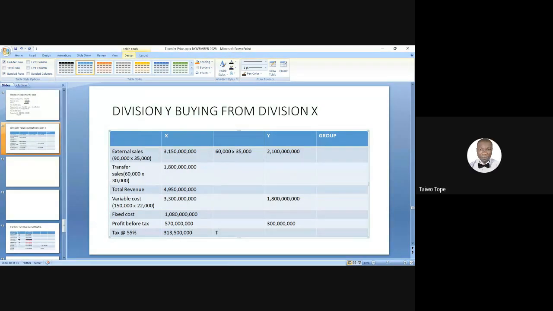You have to learn to pronounce that as an accountant. So division Y is operating in another country, whose tax rate is 25%. 25% of 300 million will give you what? 75 million.